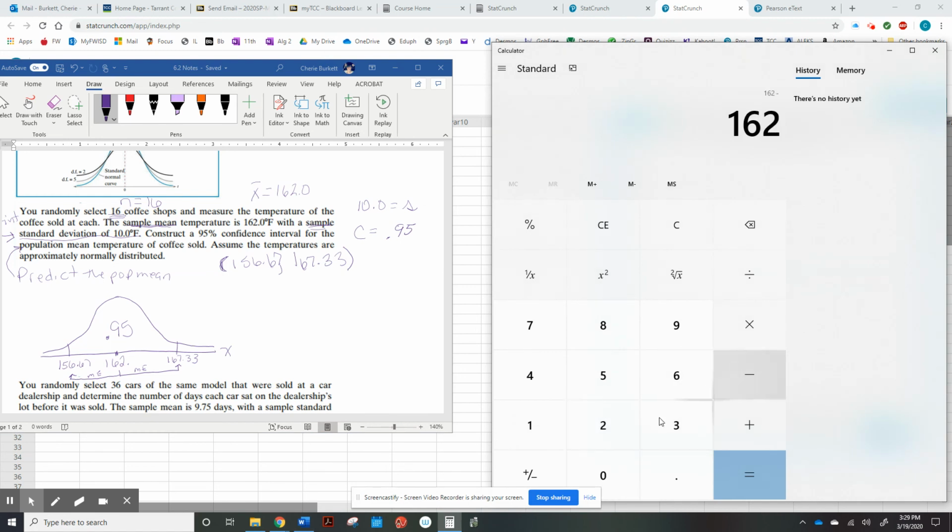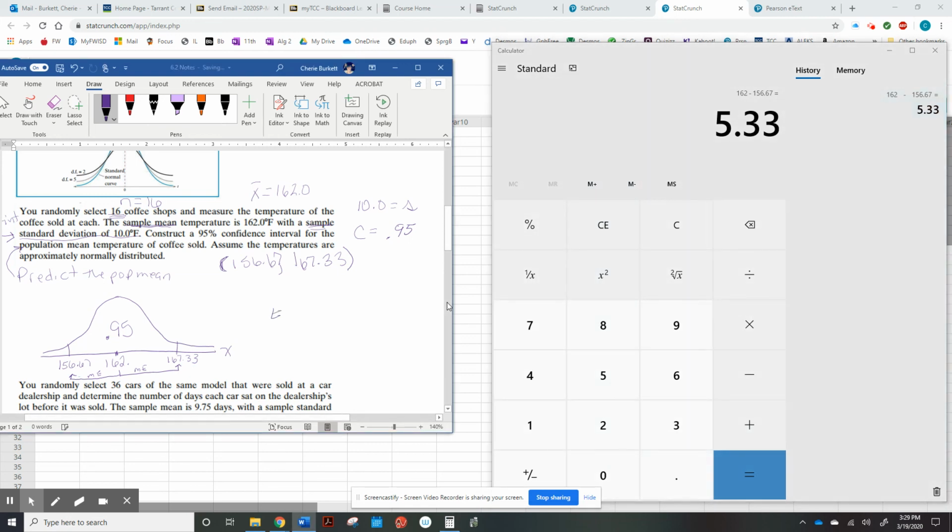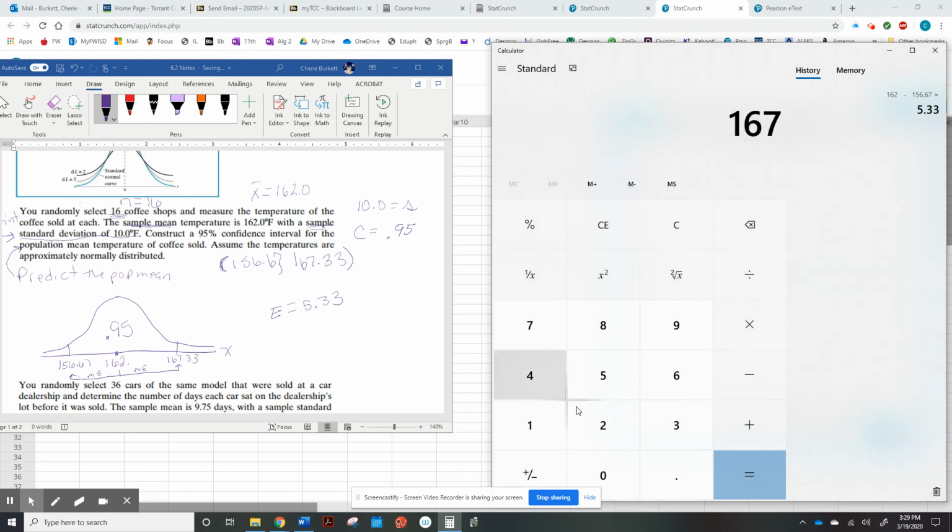So subtract 156.67 from that and you get 5.33. So that's your margin of error. E is equal to 5.33. You could have also done it the other way around. You could have said 167.33 and take away the 162. And that would have also given you 5.33. So the margin of error is 5.33.